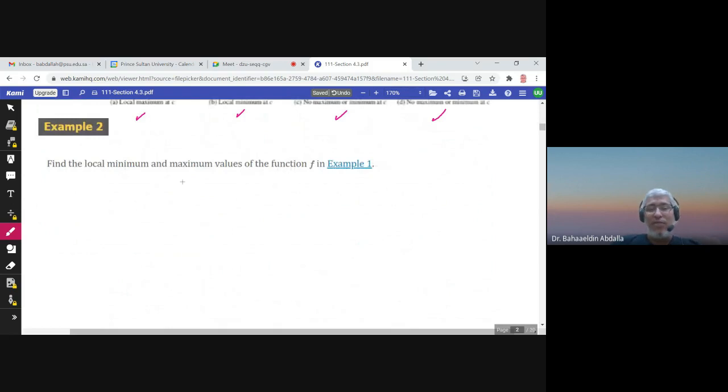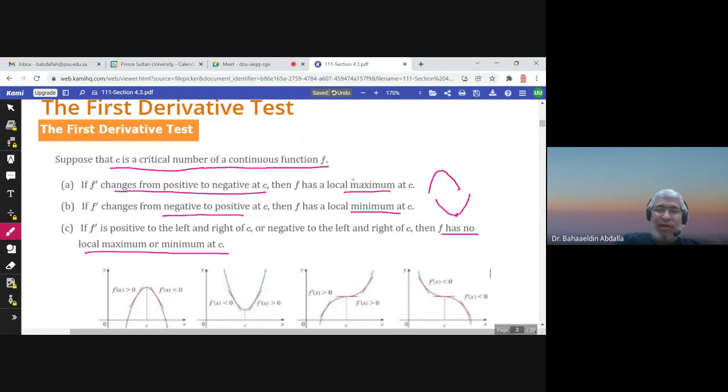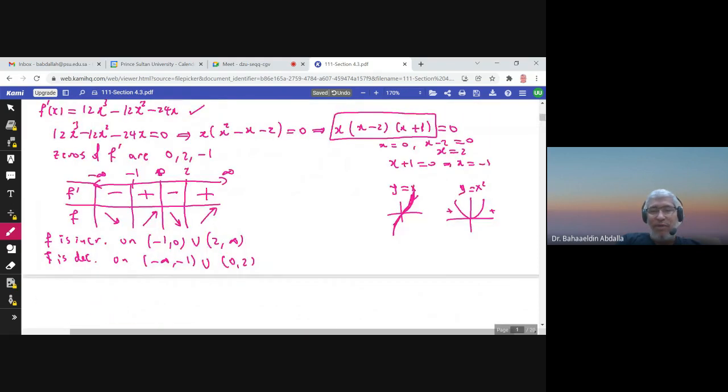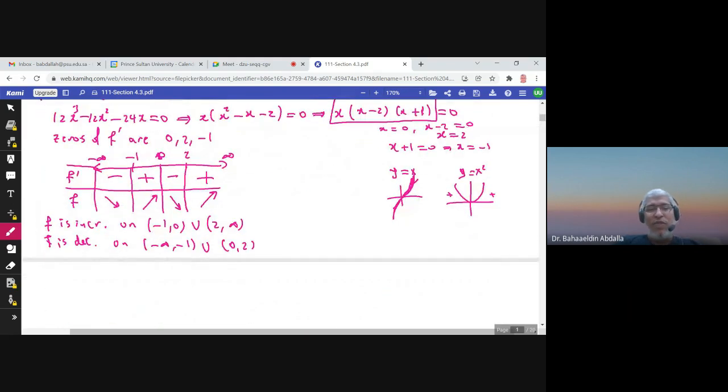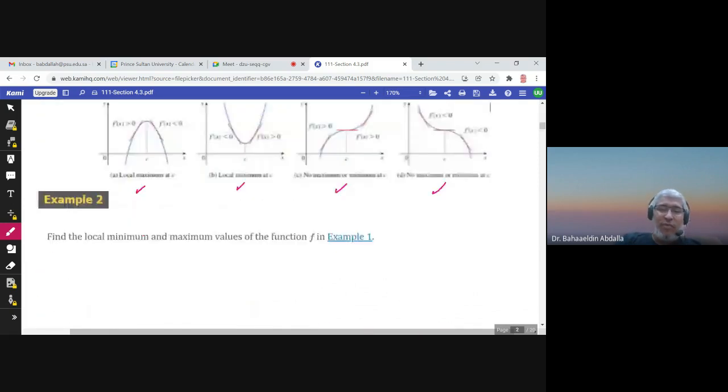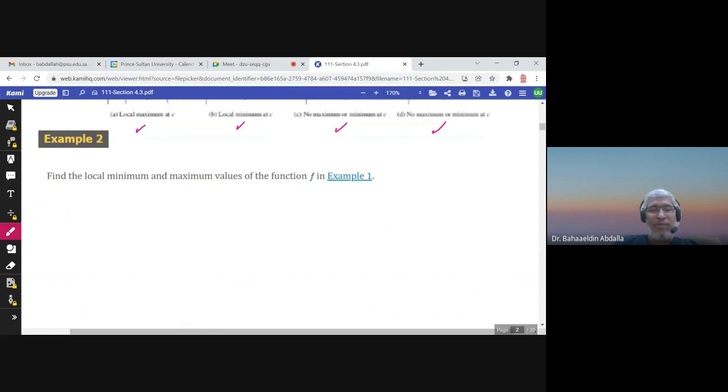Example: find the local minimum and maximum values of the function f in example 1. Okay, this is example 1. What do you see? f here is decreasing, then increasing. So at negative 1, what do we have? We have a local minimum.